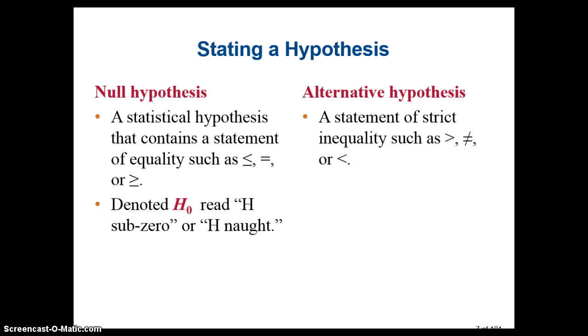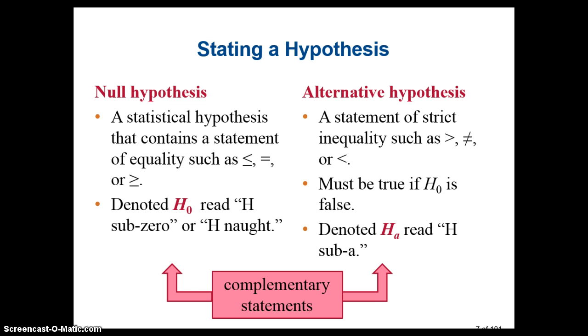The alternative hypothesis, on the other hand, never has an equal sign. So it'll always be either greater than, less than, or not equals. If you're trying to figure out which is which, your alternative hypothesis never has the equal sign in it. So that means your alternative must be true if you find out that the H0 is false. And we call the alternative HA in statistics.